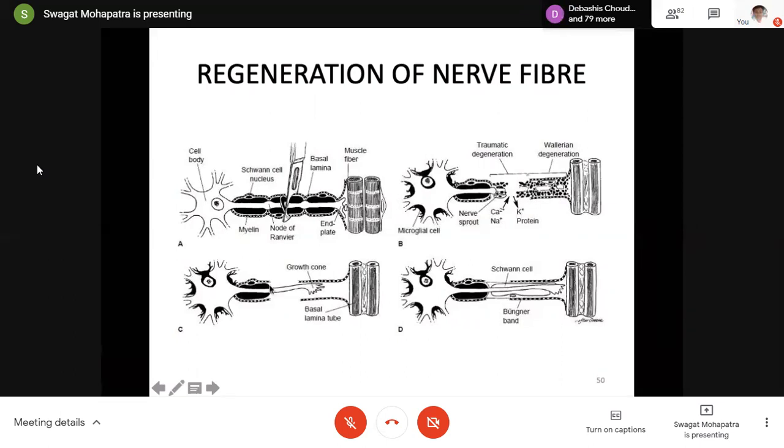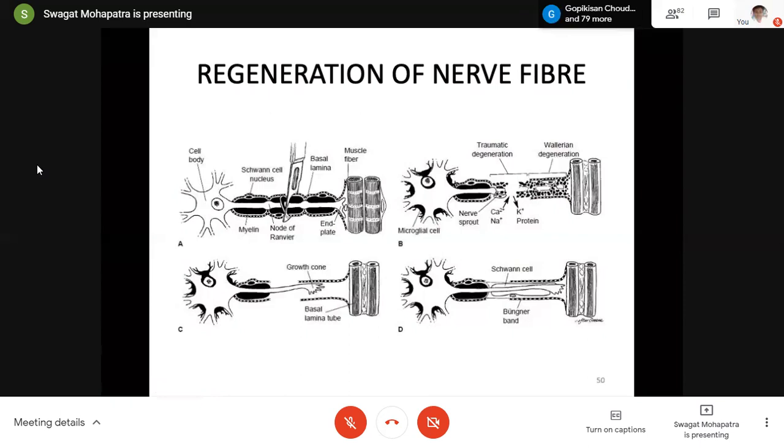And thirdly, there will be production of a growth cone, and this is how the entire axon will be regenerated. The Schwann cells function in the process, and astrocytes also play a vitally important role in regeneration of nerve fibers.